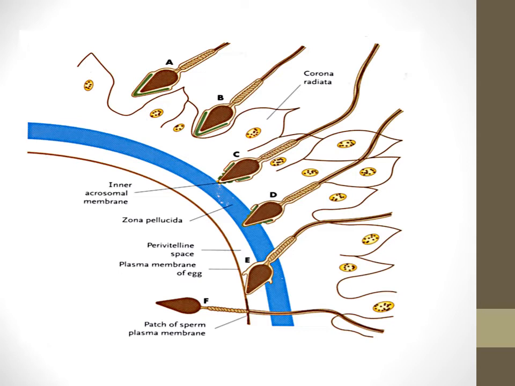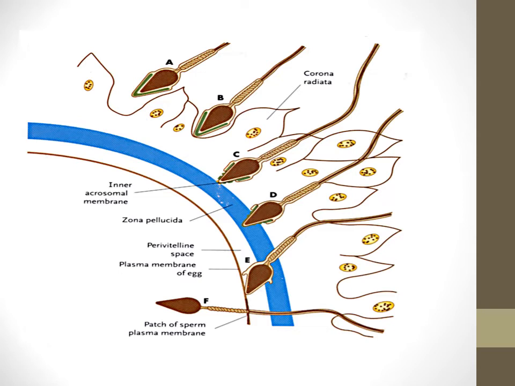Previously we told you how the sperm enters the space called the corona radiata, and then it interacts with the inner acrosomal membrane and passes it. I previously told you that the calcium ion influx is responsible for the membrane interaction here.